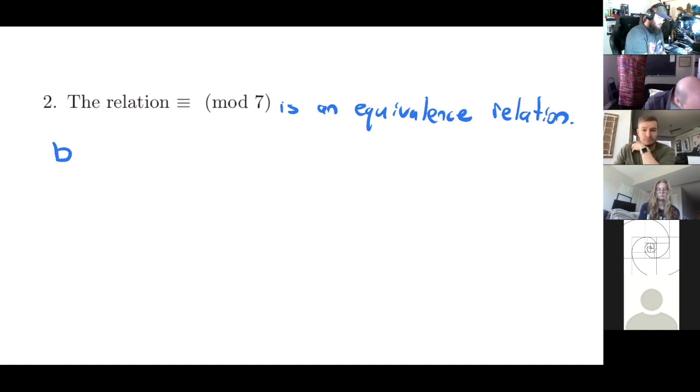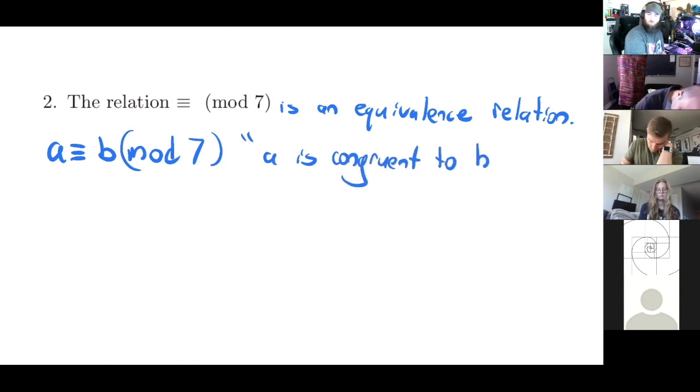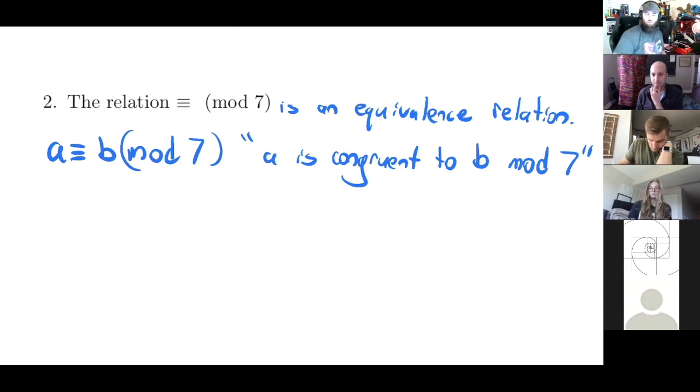On the one hand, just checking the notation we've used in the past, if I say that A is congruent to B mod 7, and just so you know, in words, that's how we would read that kind of expression mathematically. Then what this means is that A and B have the same remainder when we divide by 7.